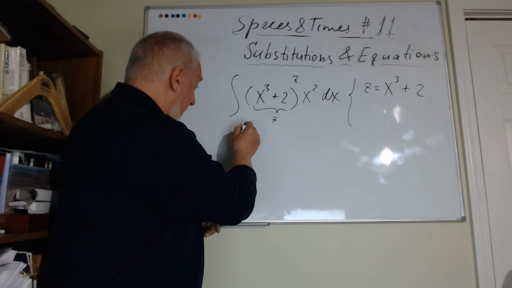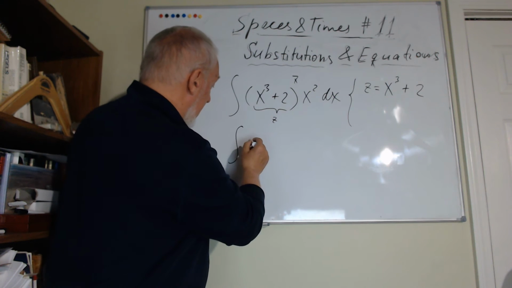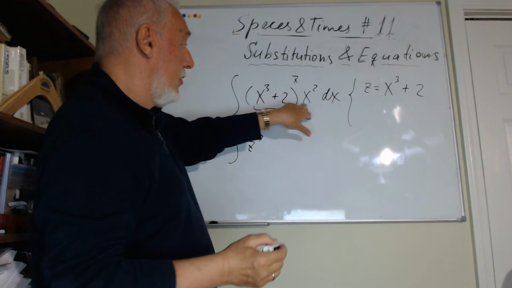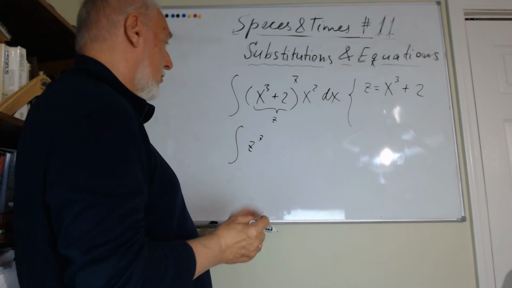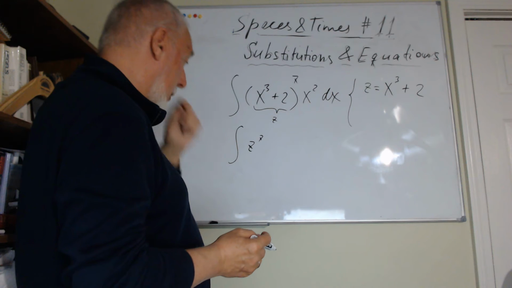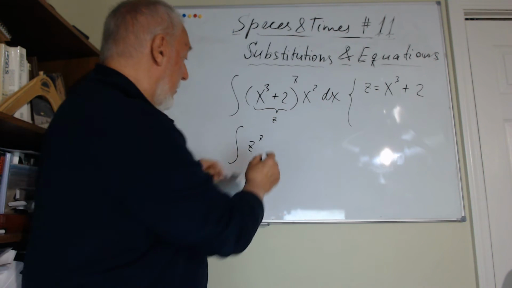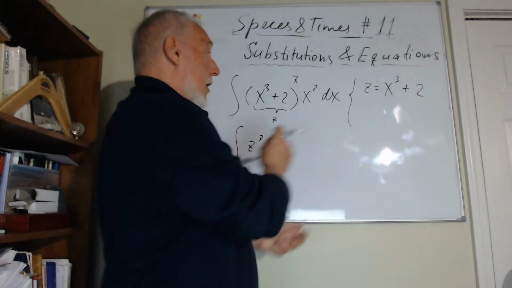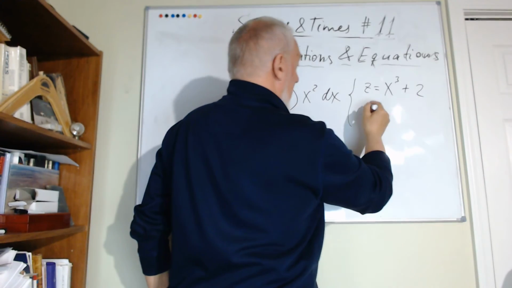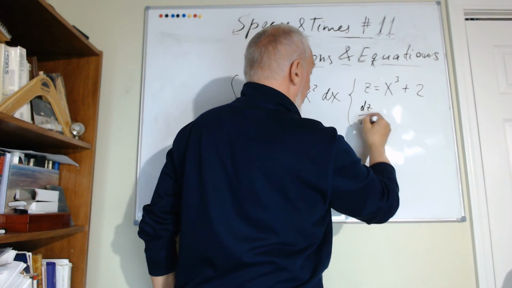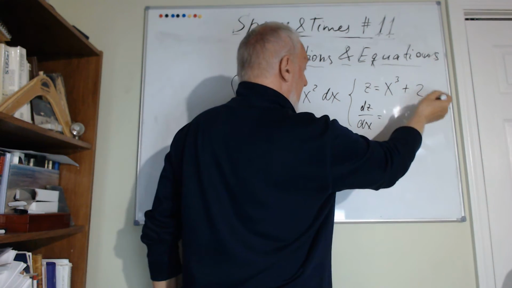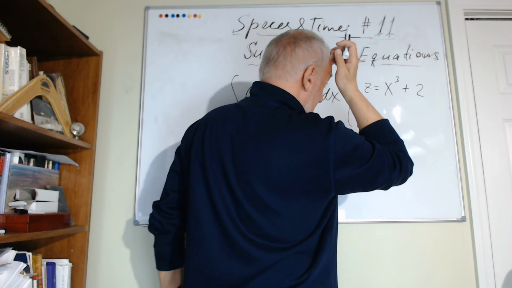So what do we have then? We have z to the power of 7, but here there is still x. We need to change these things somehow to the new variable, z to the power of 7 multiplied by something. Let's calculate the derivative. So dz by dx, you should know, is the sum of these derivatives.